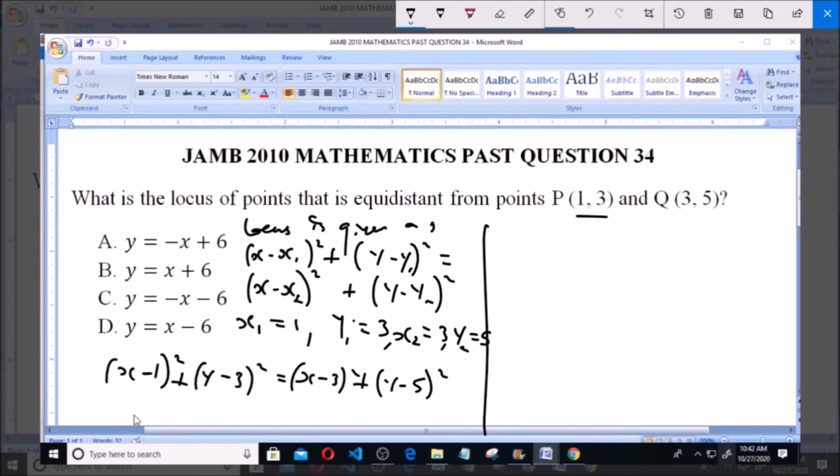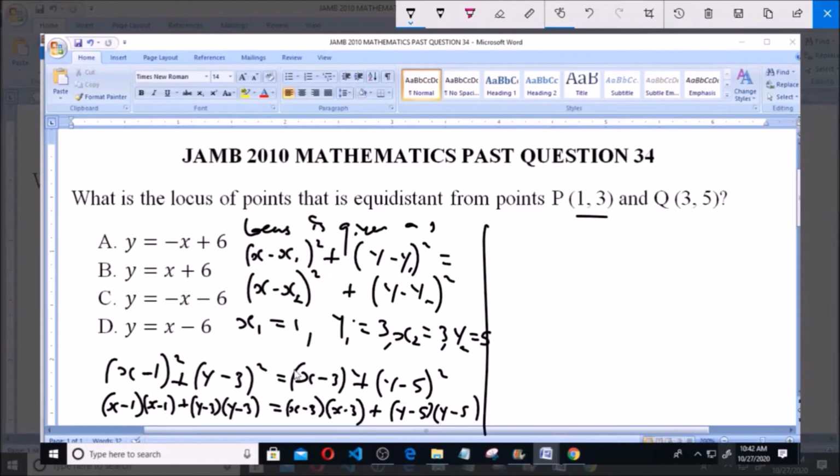So from this now we'll be having x minus 1 into x minus 1 plus y minus 3 into y minus 3. This is equal to x minus 3 into x minus 3 plus y minus 5 into y minus 5.